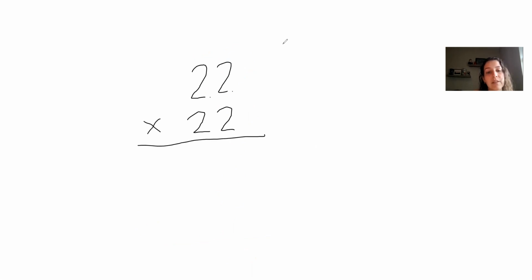And for our last example of the day, we have 22 times 22. So starting off with the ones place, we have 2 times 2 is 4.